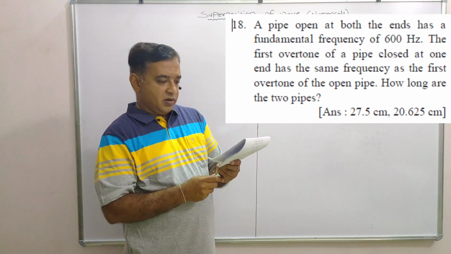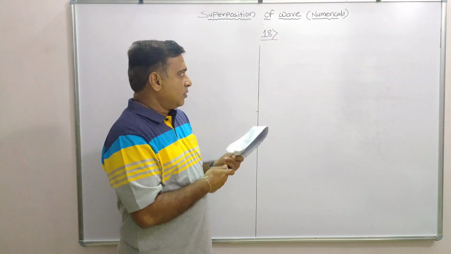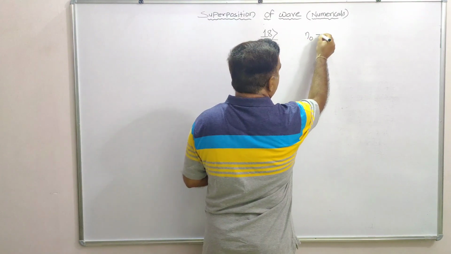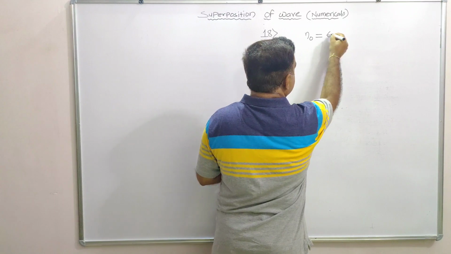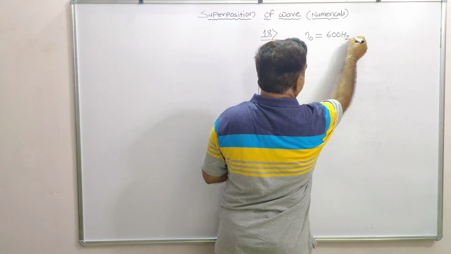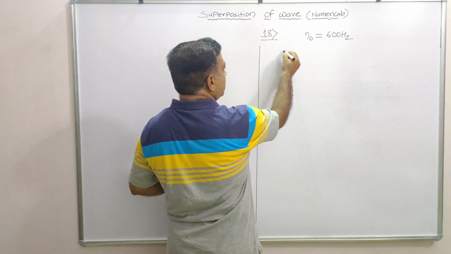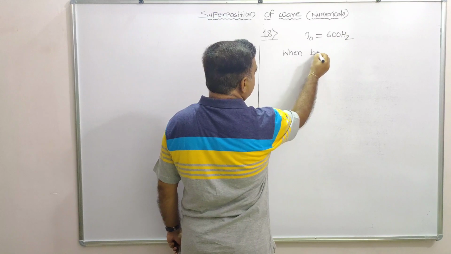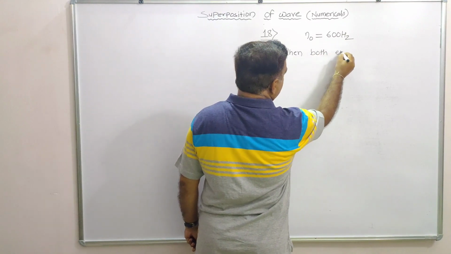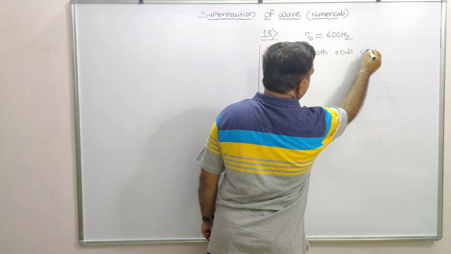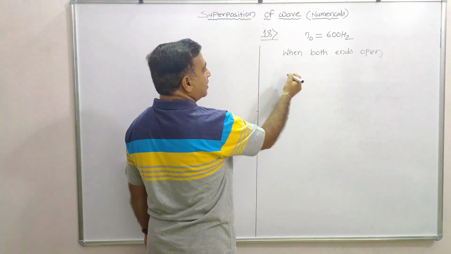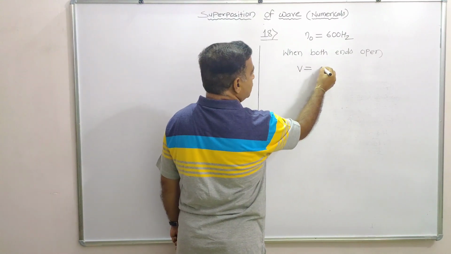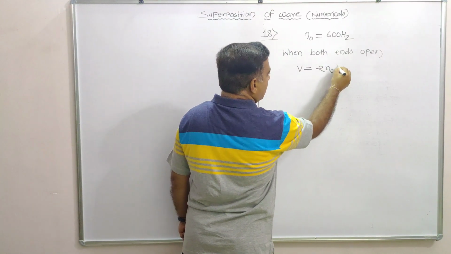We know the formula for the fundamental frequency. Let us consider the fundamental frequency when the pipe is open: N0 is equal to 600 hertz. When both ends are open, velocity is equal to 2 N0 L0.